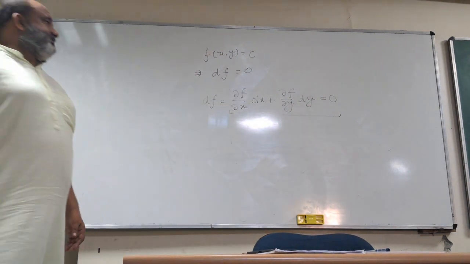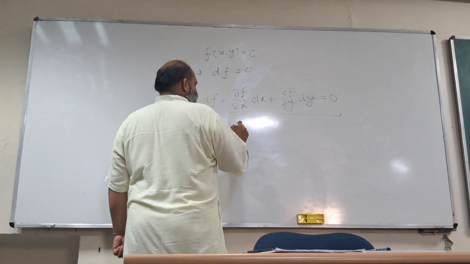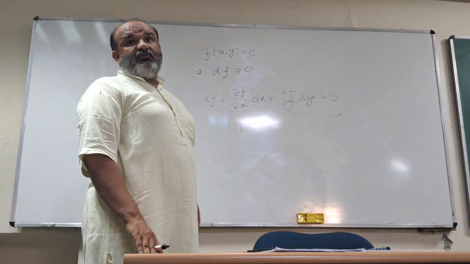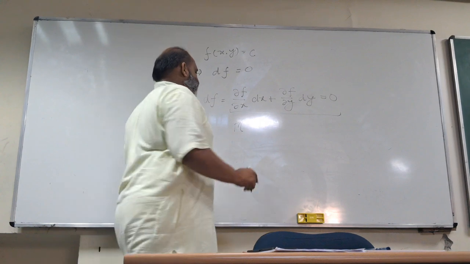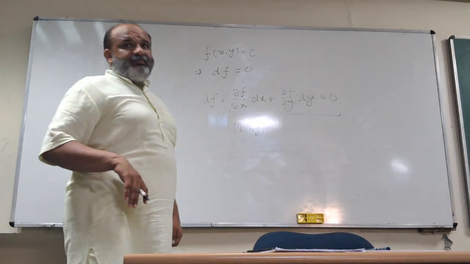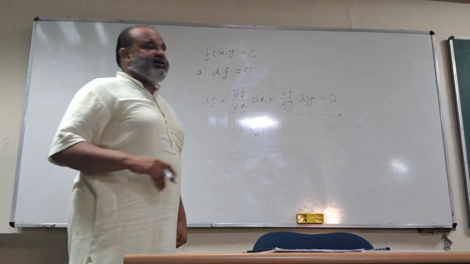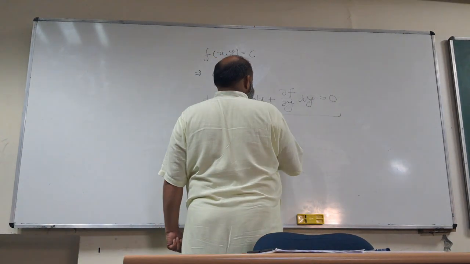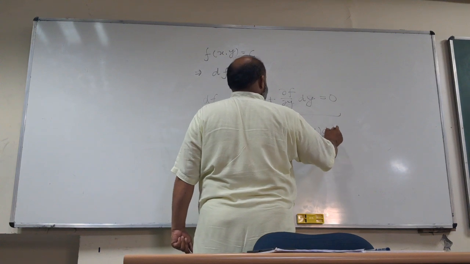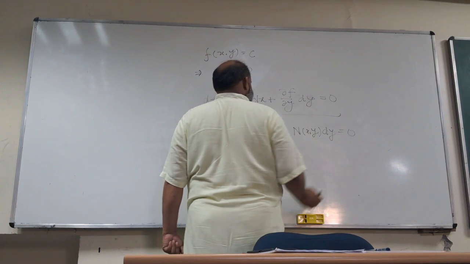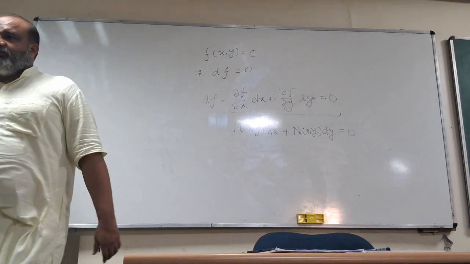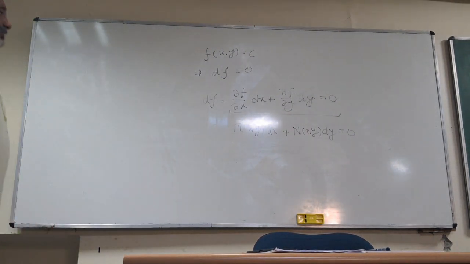Or in other words, I will write it as, because again it will be some expression of x and y, capital M, a function depending upon x, y, dx plus N(x, y) dy is equal to 0. Is it okay?